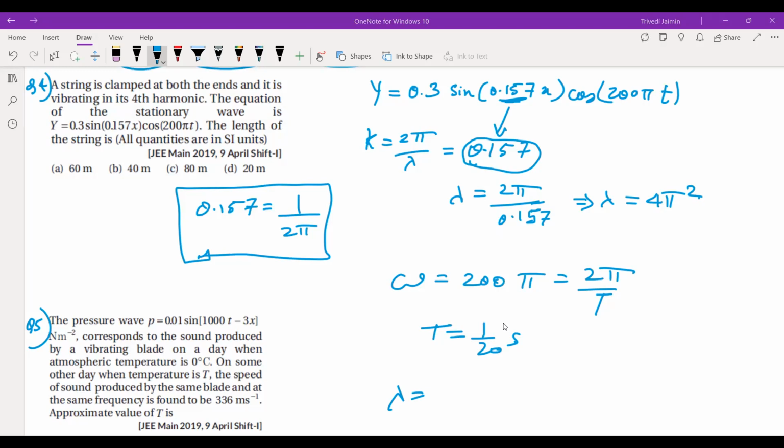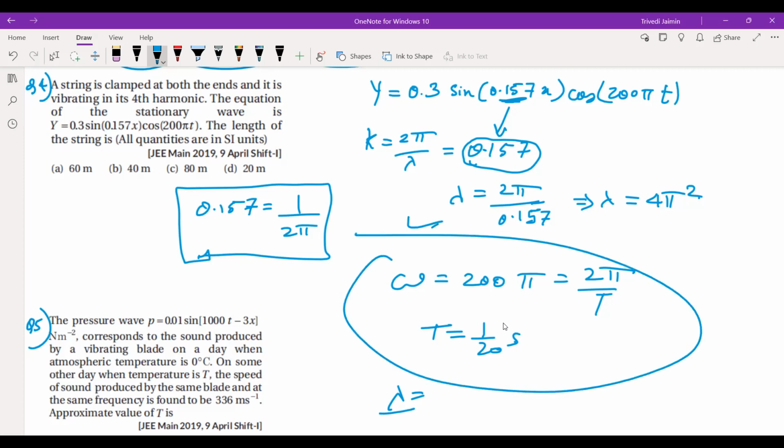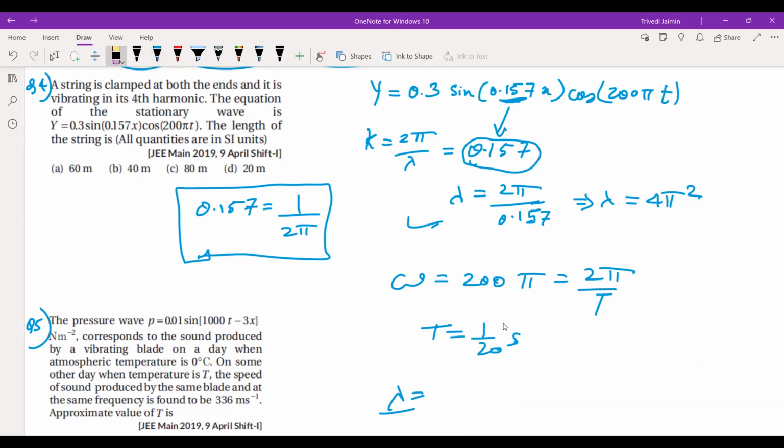Exactly. That is what I'm going to do. Yes, directly we can do here. No need for these things. Fourth harmonic means, let's do directly there.